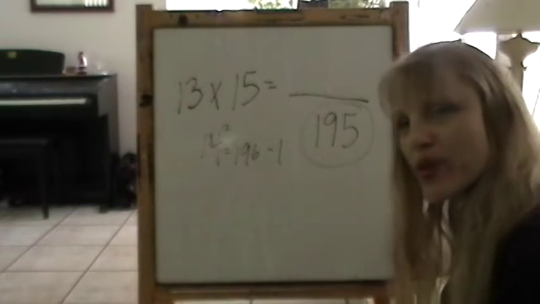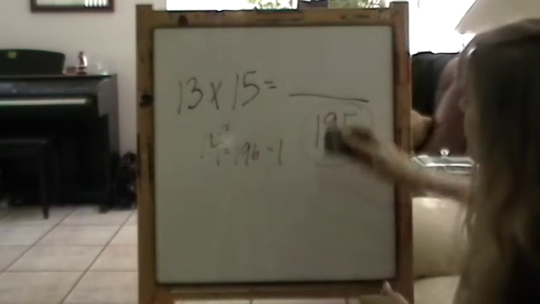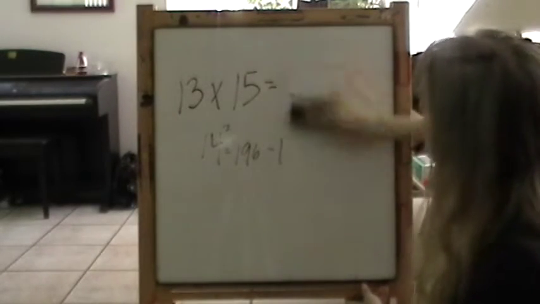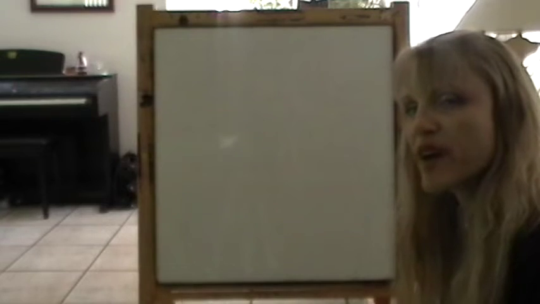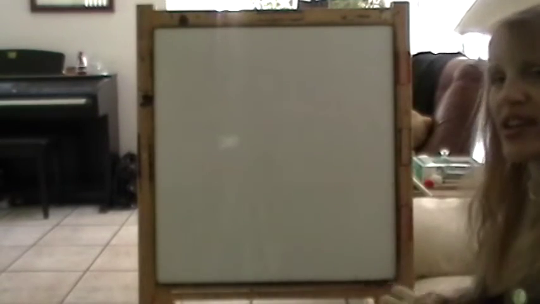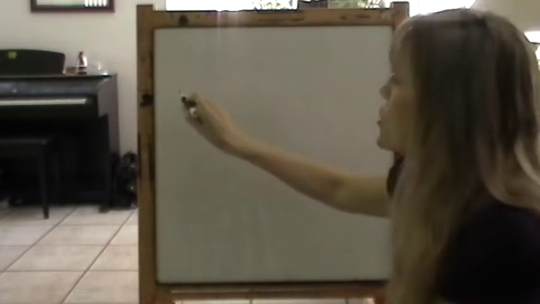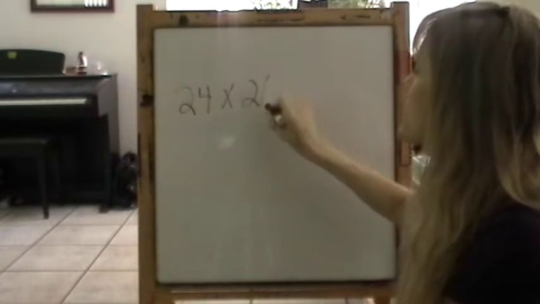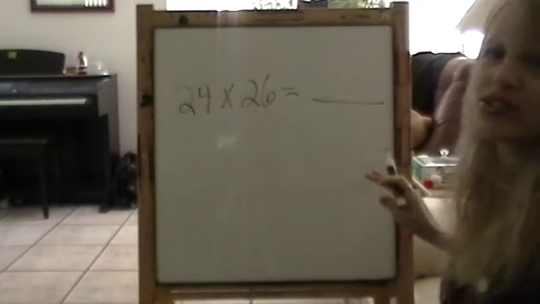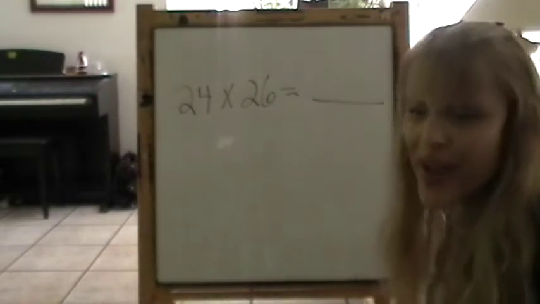Now, how can we make this work even a little better? If you note the tricks I've given you before, specifically the one about squaring a number that ends in 5, let's say that I give you a problem like this: 24 times 26. Oh my gosh, how are we going to figure that one out?